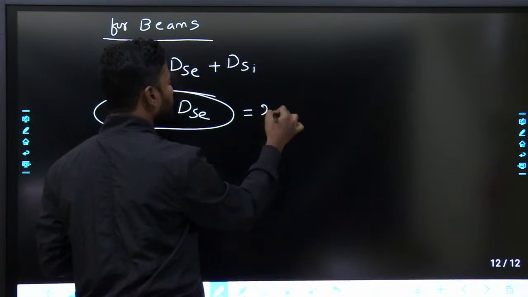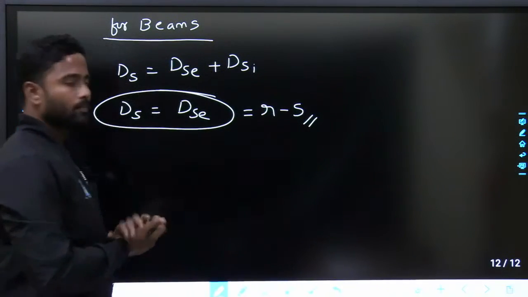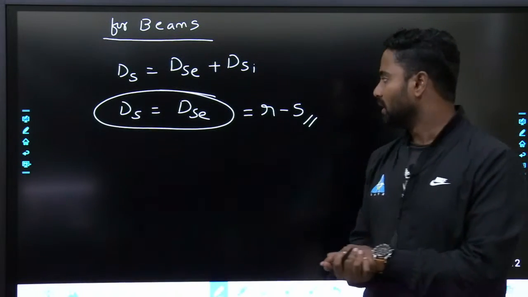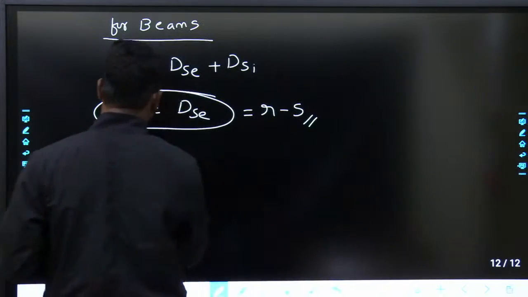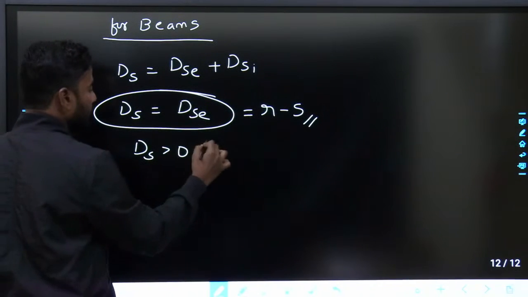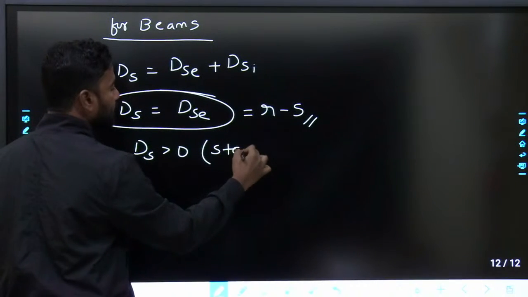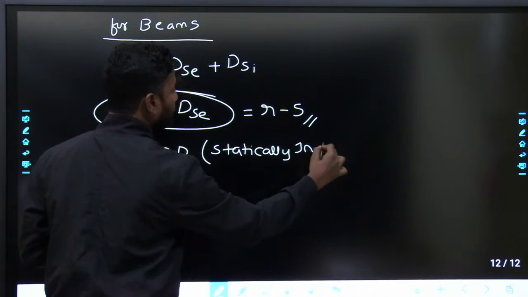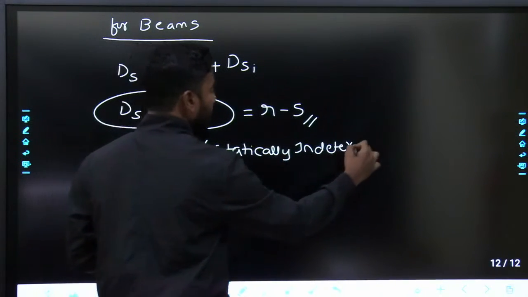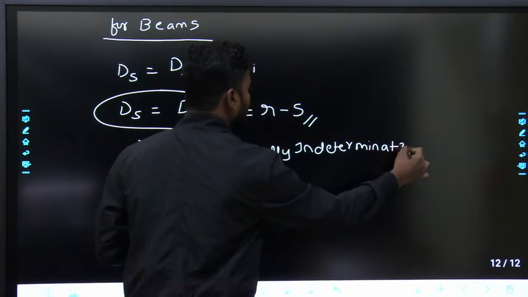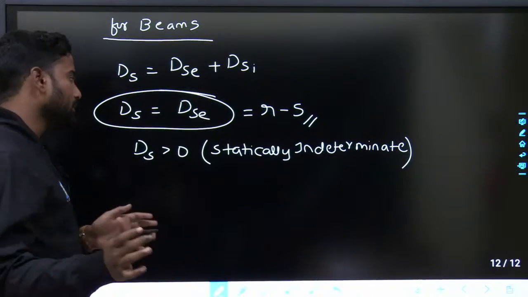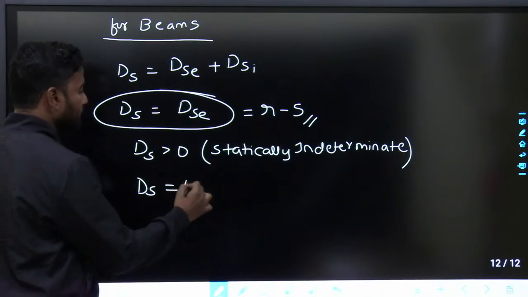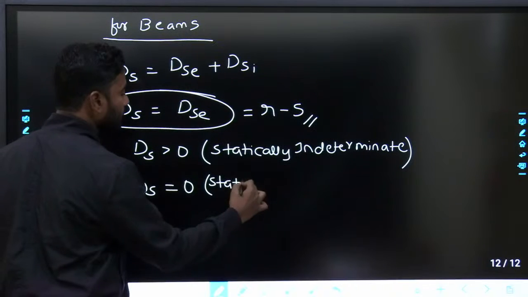So that would be equal to R minus S. And now, if DS is more than 0, then it is considered as statically indeterminate. I am not talking about stability over here. Stability and other criteria, I will discuss later. I am just using determinacy and indeterminacy. You can say statically determinate.